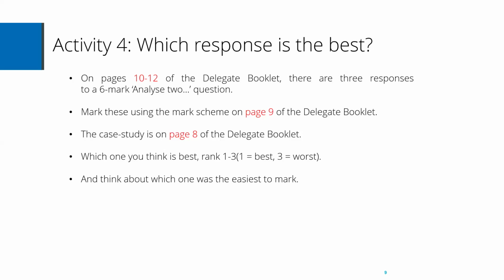Now, what I want you to do is mark them. And there's a box at the bottom of each of the pages in the delegate booklet to put in a total mark. Now, here's the really important bit: I want you to use the question and answer pod. The question and answer pod is in that menu that you have.